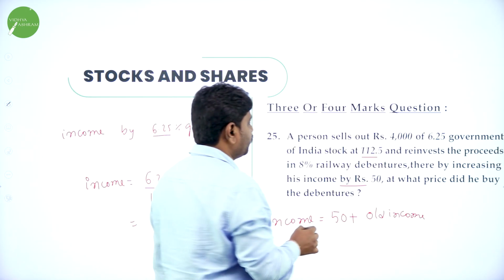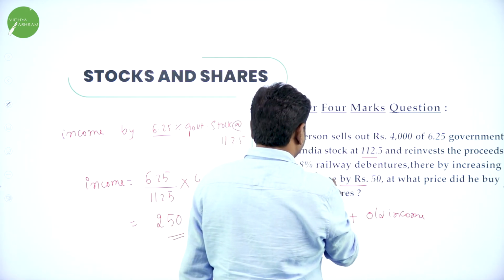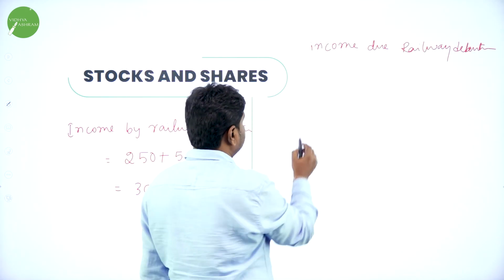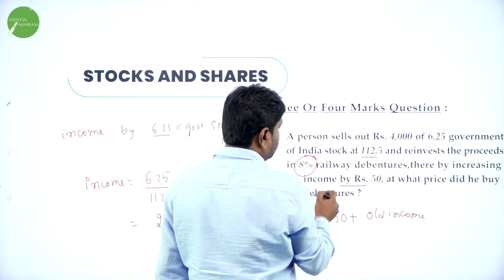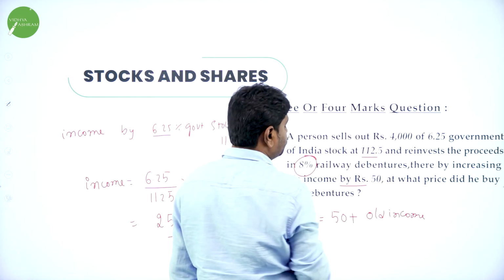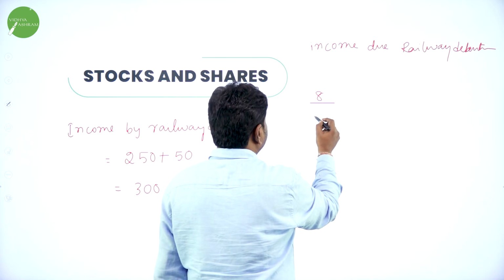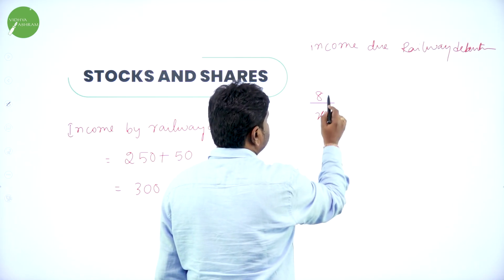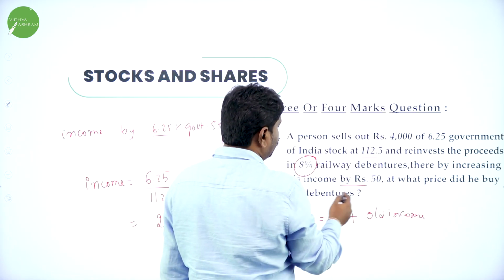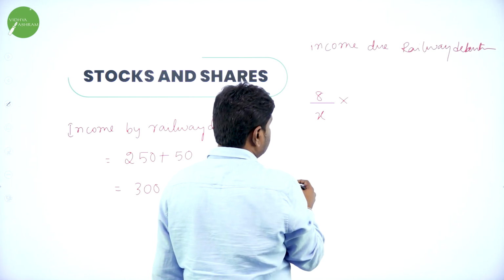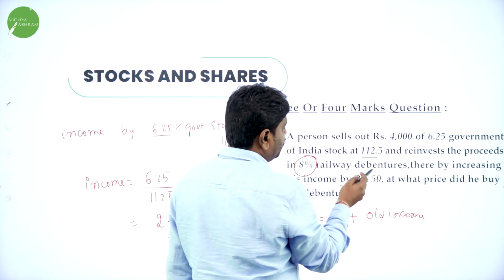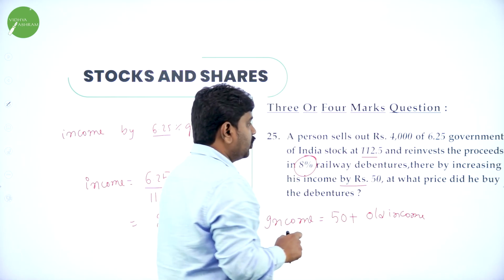What is the dividend of railway debentures? For railway debentures, dividend is 8%. 8% by market value. They are asking at what rate he is purchasing. We don't know the market value. He is purchasing at X rupees into amount invested.